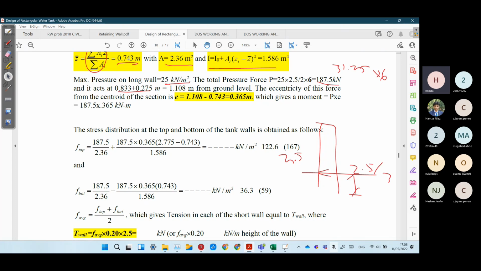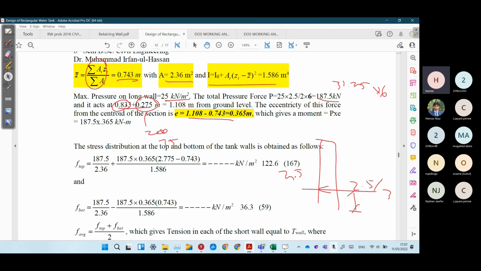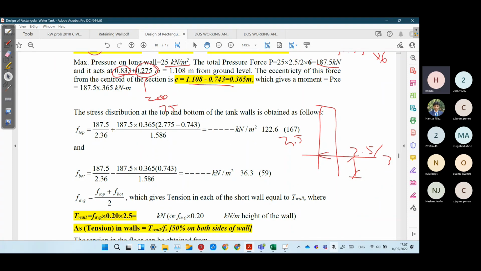So this 0.833 is 2.5 divided by 3. 0.275 is 200 millimeter slab plus 75 millimeter support. Eccentricity is simply subtract from centroid this location, and moment is simply P into it.